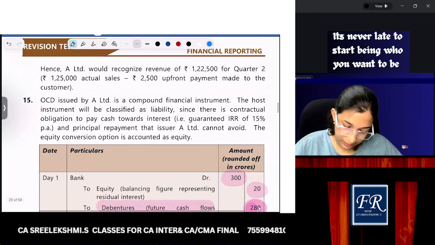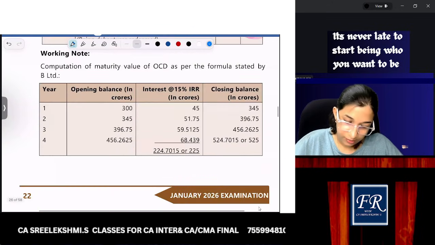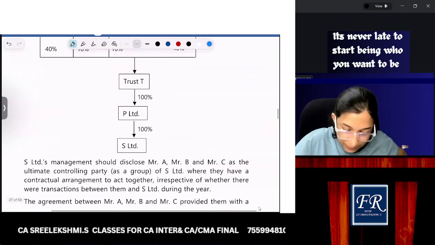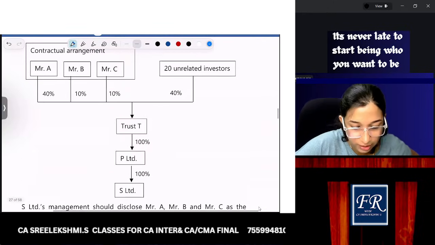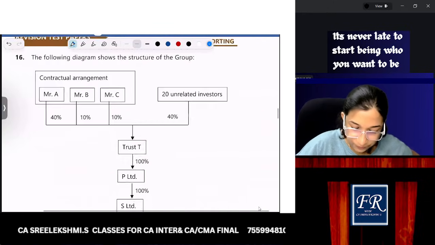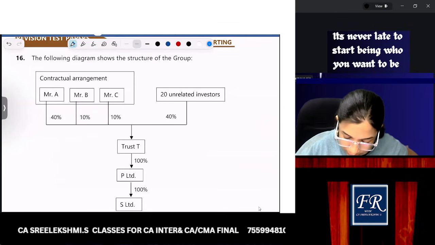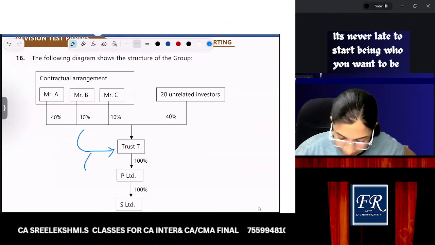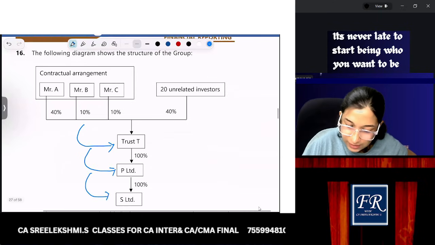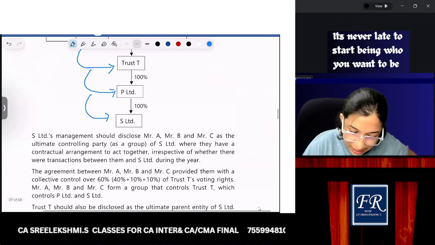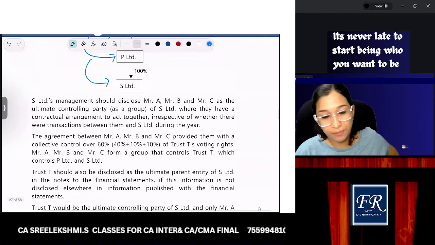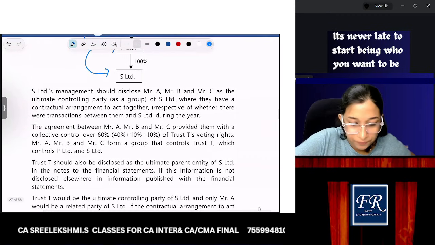They have given a pictorial representation. ABC together controls the trust, then P, and then S. S Limited's management should disclose ABC as the ultimate controlling party of the group.